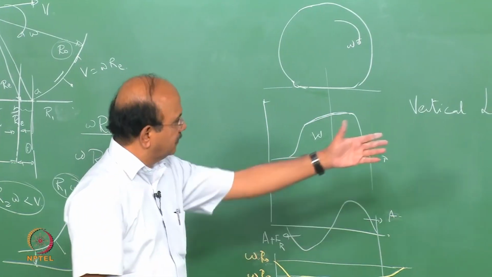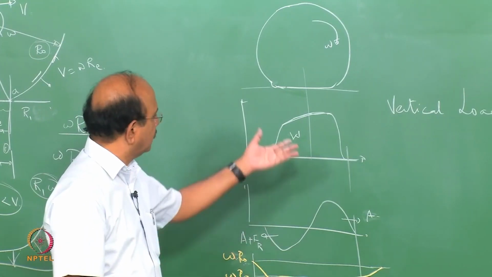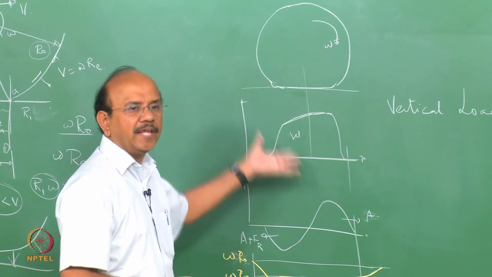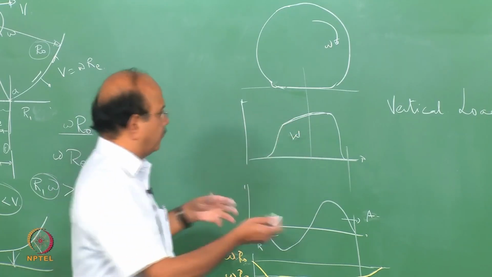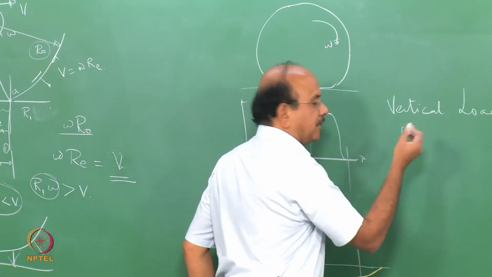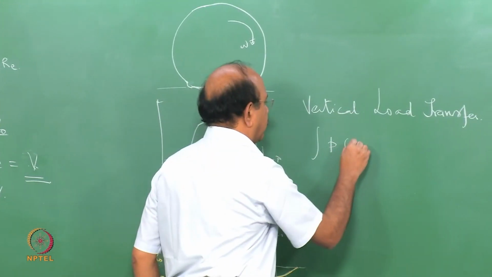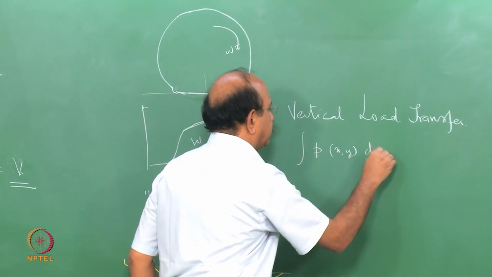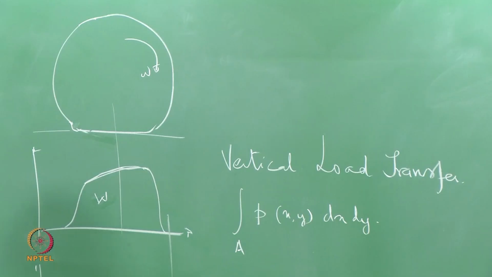We have seen that as the ground reaction. If I say that the contact pressure is P, which is a function of x, y, and I integrate P dx dy, that is the total reaction of the ground that we are talking about.